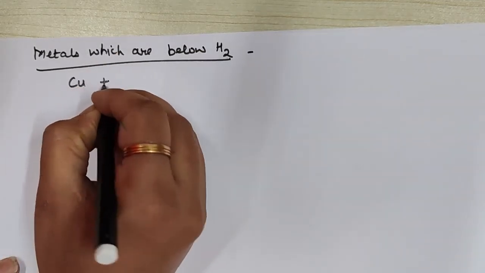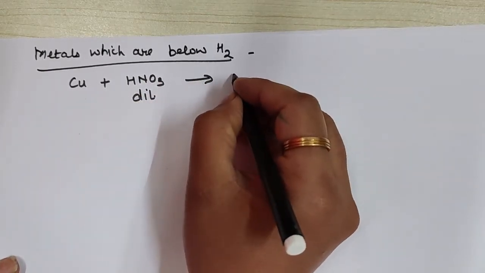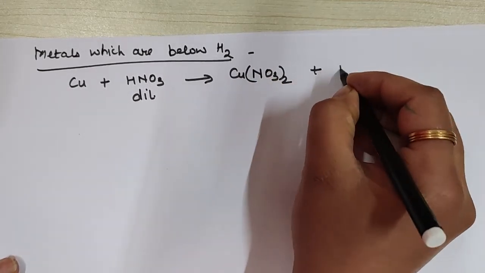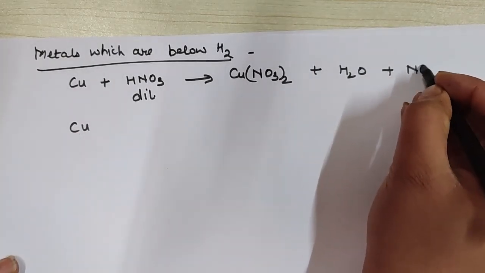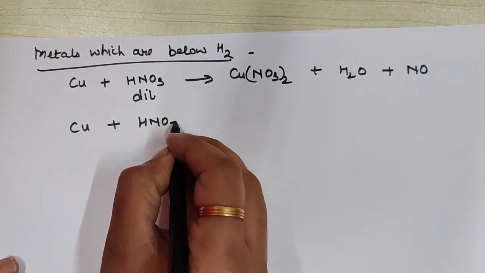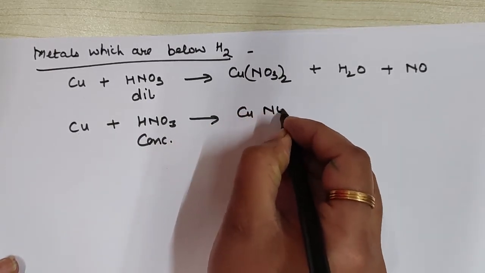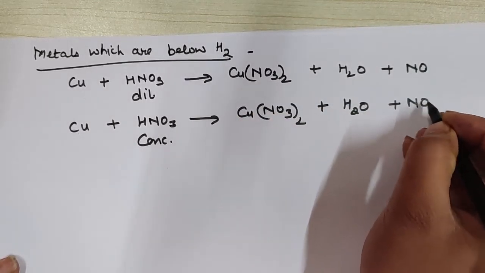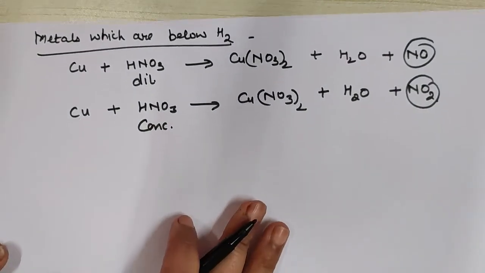Like copper is there, and if you take dilute nitric acid, this will result in formation of the salt, that means copper nitrate, and water plus NO, nitric oxide. But if you take concentrated nitric acid, again the salt of this one plus water plus nitrogen dioxide. So here nitric oxide and nitrogen dioxide are produced.